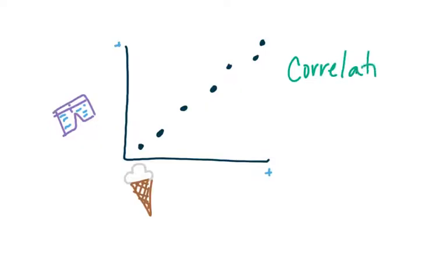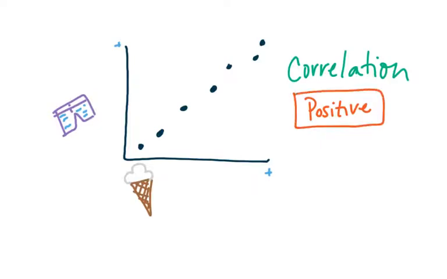It's a pattern. What type of correlation is this? This is a positive correlation. Okay, it's positive because it's increasing. If I were to sell 10 ice cream cones, then at the same time, there are likely also 10 bathing suits that are sold. So the more ice cream that's sold, the more bathing suits that are also sold.